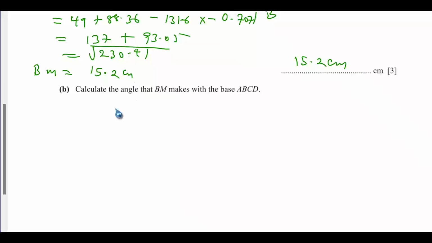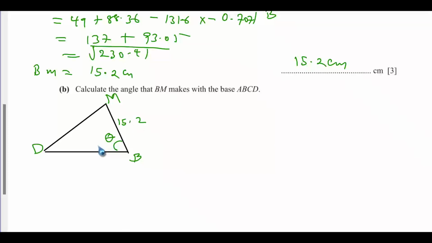This is point D, this is point B, and point M will be here. We found BM to be 15.2, and this is the required angle theta.